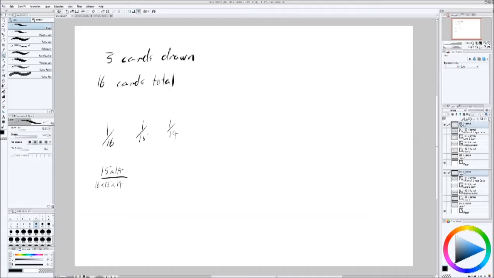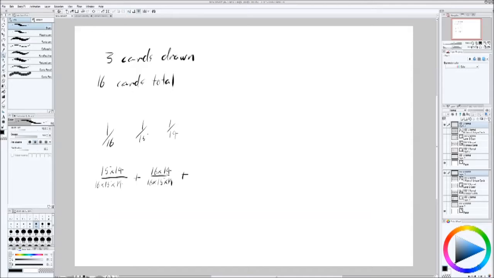The reason why this is okay is because if you multiply anything by 1, nothing changes, and so we've multiplied this here by 15 times 14 divided by 15 times 14, which is the same. Then we can add that to 16 times 14 over 16 times 15 times 14, and then the same again for the last one.